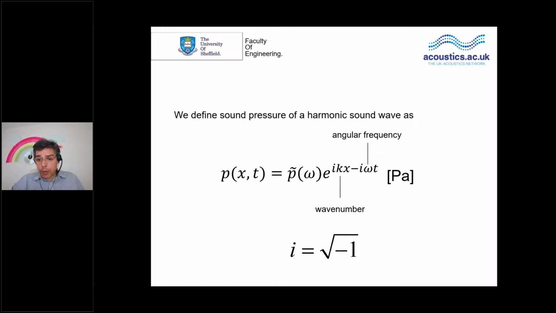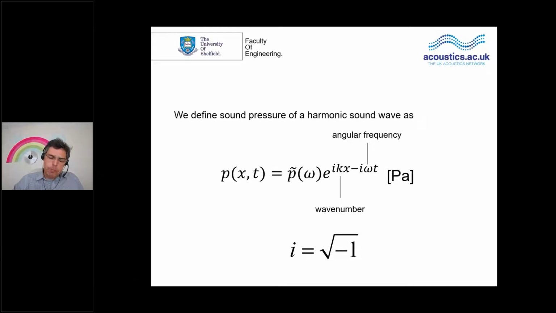So for a harmonic sound wave, the total sound pressure in this case will be a product of the spectral amplitude and some exponential term which contains all these bits. It also contains a value called k, and this k is a wave number.